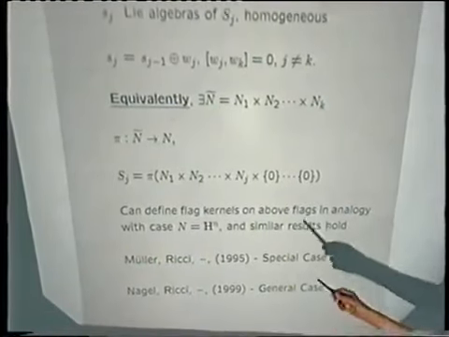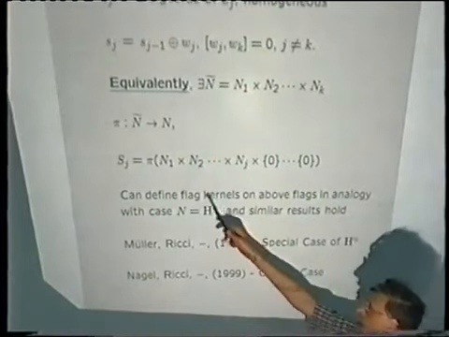But actually what it means is that there is another group, N tilde, such that N arises from N tilde as a homomorphism, and such that the Sj's are the homomorphic image of just the product of the first Nj's. That's the basic idea. Now, in that case, one can do all of this machinery.